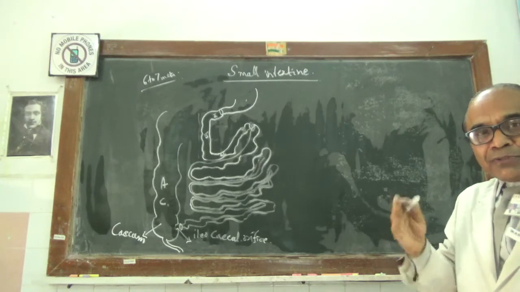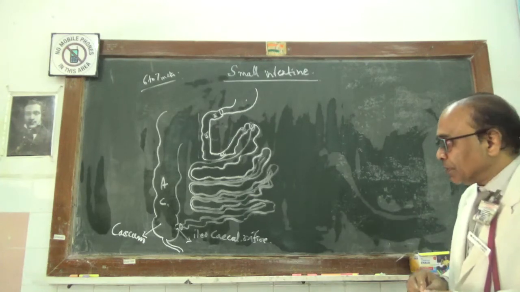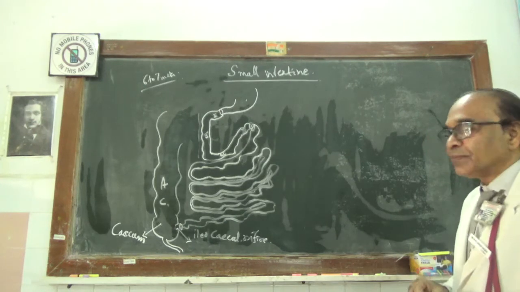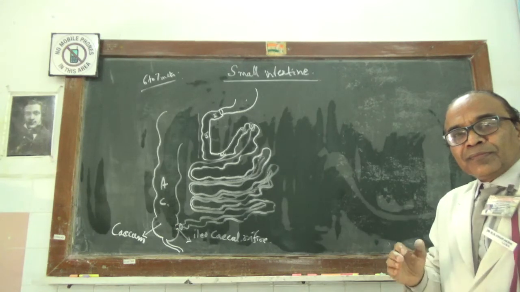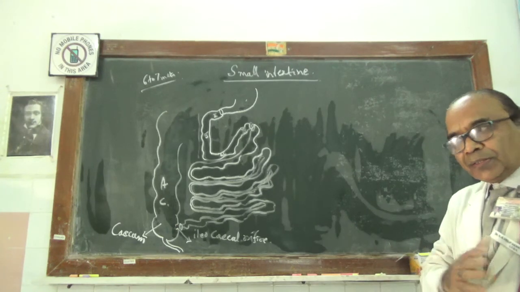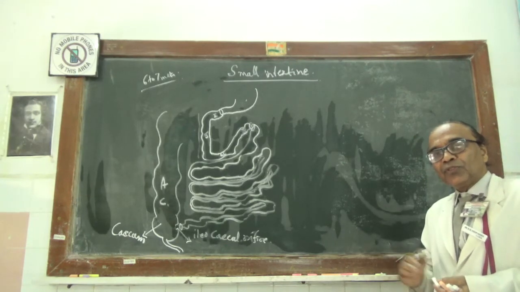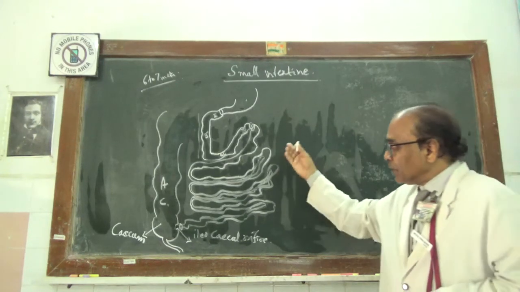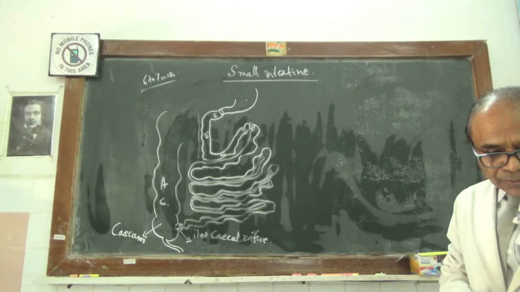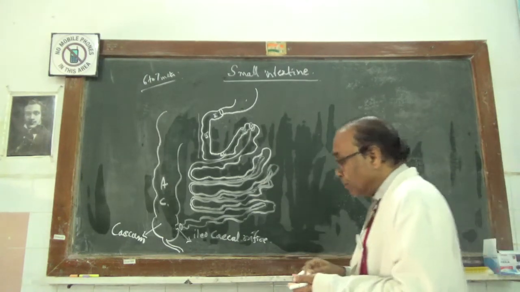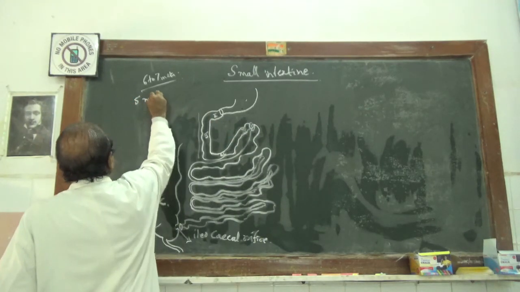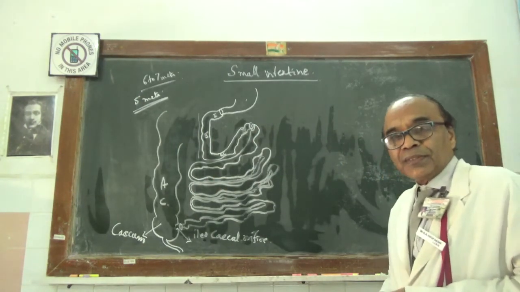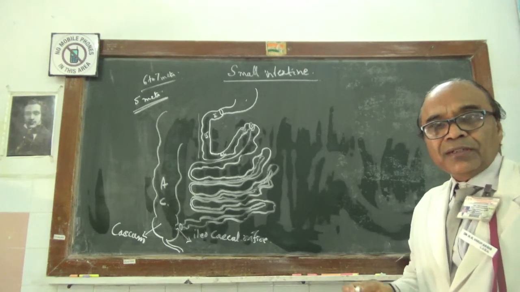But it has been reported that if you have dissected 100 or more cadavers, shortly after death, the small intestine measures something like 5 meters. 5 meters is the average length, in male and in female.